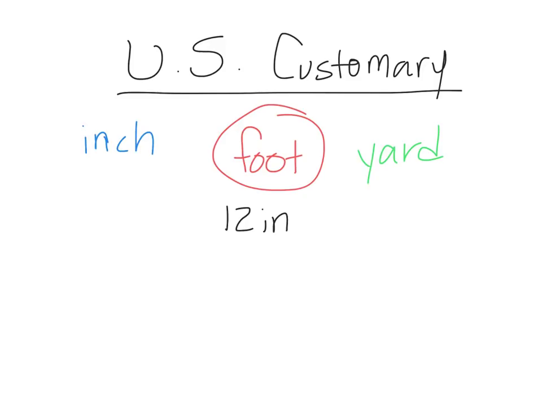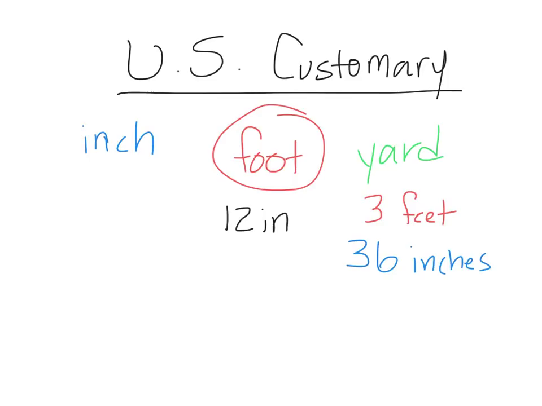Now, a yard occurs when you get 3 feet. So if you put 3 rulers together, you would get a yard. That is also equal to 36 inches. So in our version of measurement, an inch, once we get 12 of them, they make a foot. Once we get 3 feet, we get a yard.